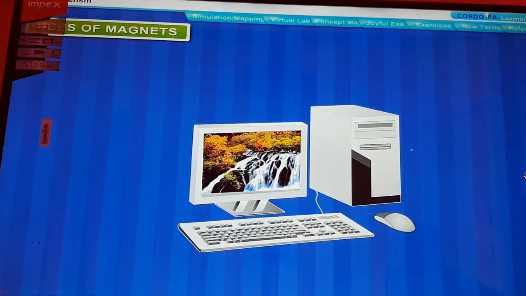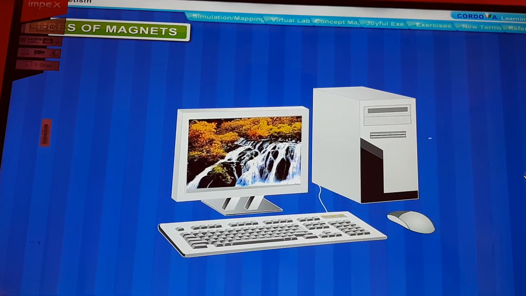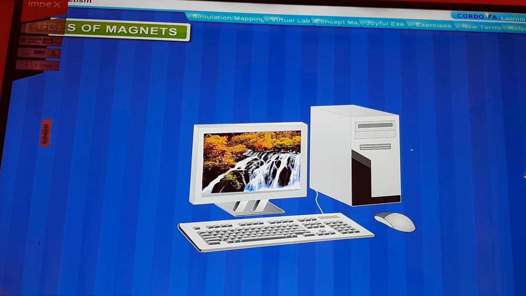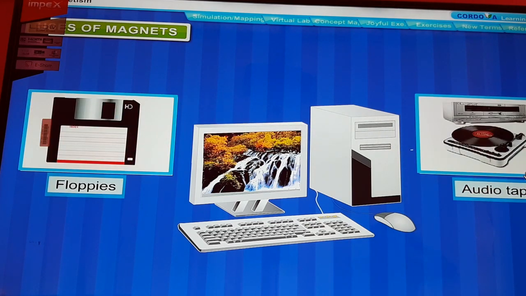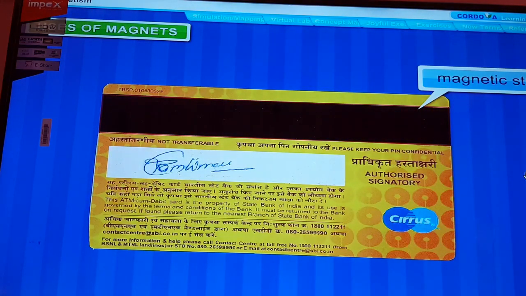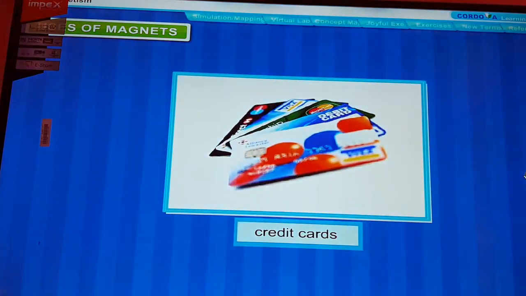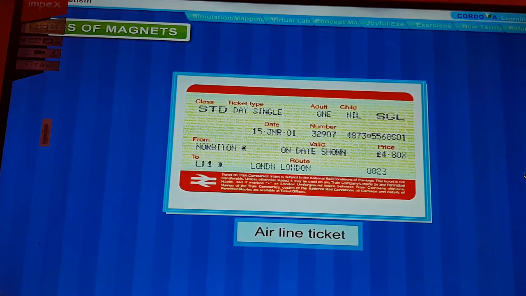In scrapyards, magnets are used to separate iron and steel from a junk of waste materials. Data, sound and images are stored on special surfaces coated with magnetic material in computer hard disks, floppies and audio and video tapes. Information is stored on magnetic strips in credit cards, ATM cards and airline tickets.